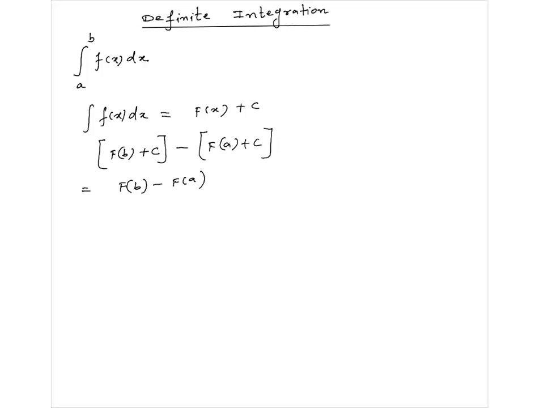In the beginning, it would just look like finding the indefinite integral and then putting b in the answer, putting a in the answer, and a minus sign in between the two, cancelling the arbitrary constant and getting the answer.